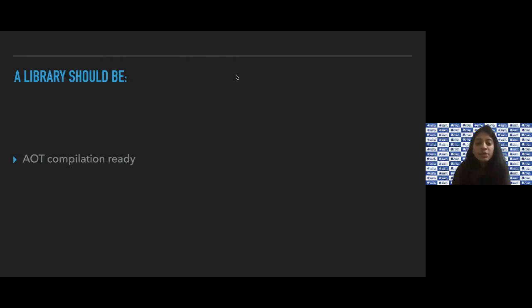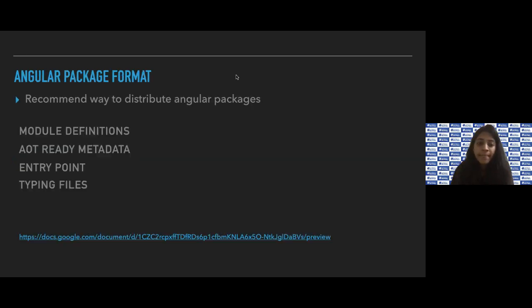And a library should also be AOT compilation ready. We had to ensure it before, but with the latest versions of Angular this is by default now, so we know that a library will always be AOT compilation ready. We'll see more of how tools help us do this. We don't really have to look at all these features specifically when we are creating the library, as all of this is handled for us already.